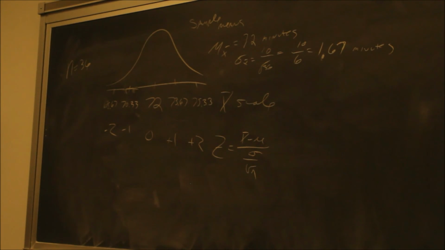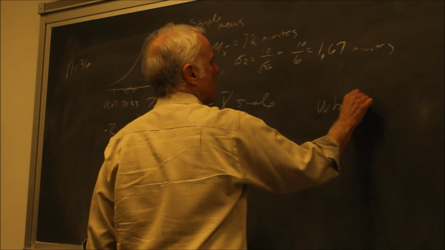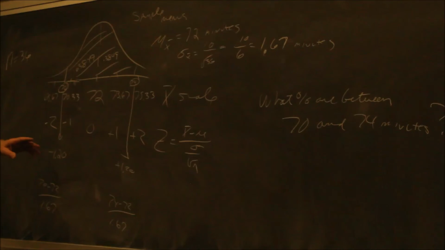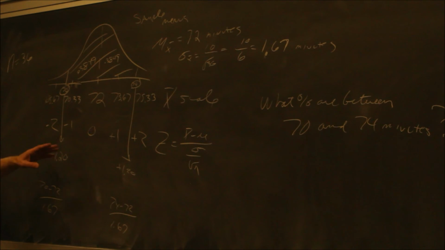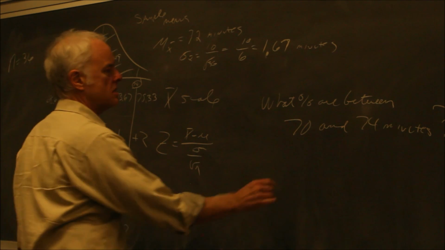What percentage are between 70 and 74? Percentage between 70 and 74 minutes given a sample size of 36, it's 0.769698.